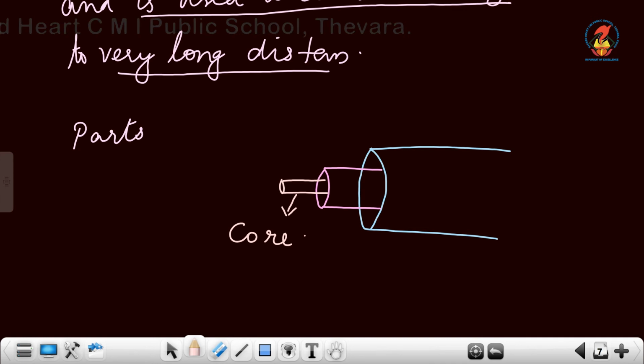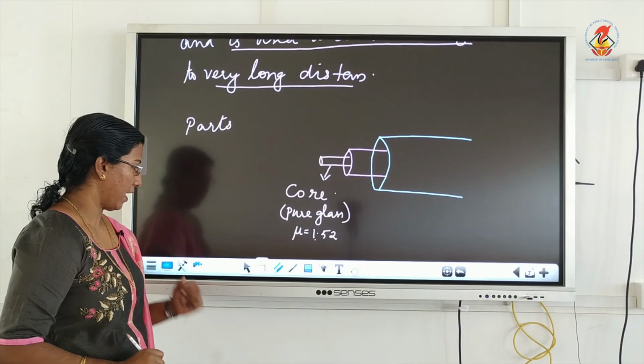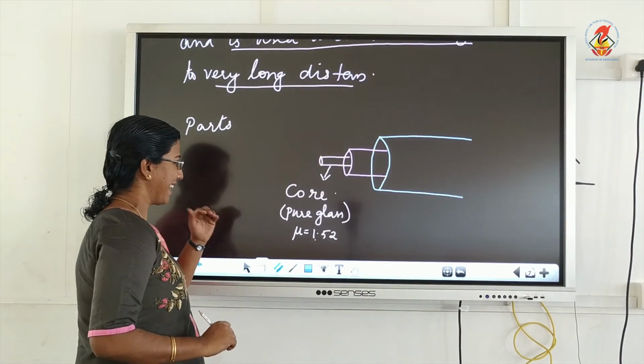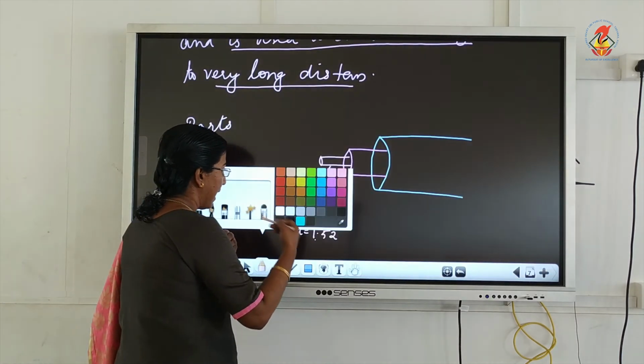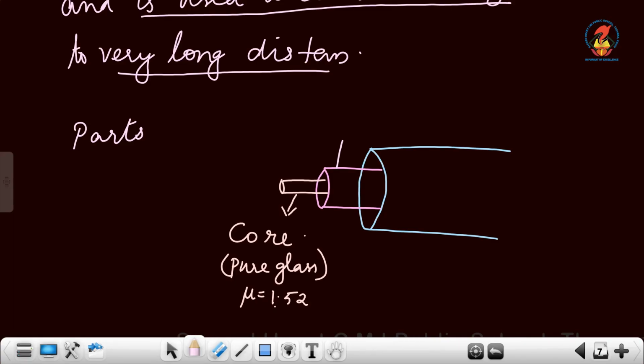Now core is made up of pure glass having a refractive index of 1.52. Now covering the core is again a glass which is having a comparatively low refractive index compared to core. Cladding, this layer is known by the name cladding.